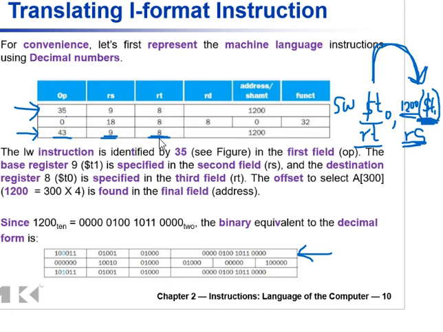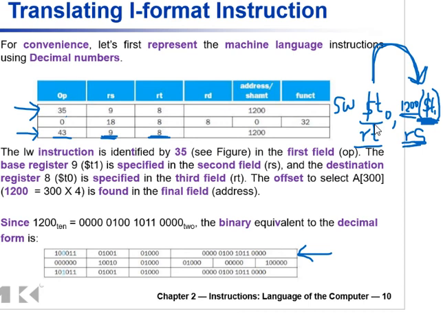As with load word, you will be filling the same numbers because both are the same here. Register T0, the equivalent value is 8, that is the RT. And register T1, the equivalent value is 9, which is the RS here.